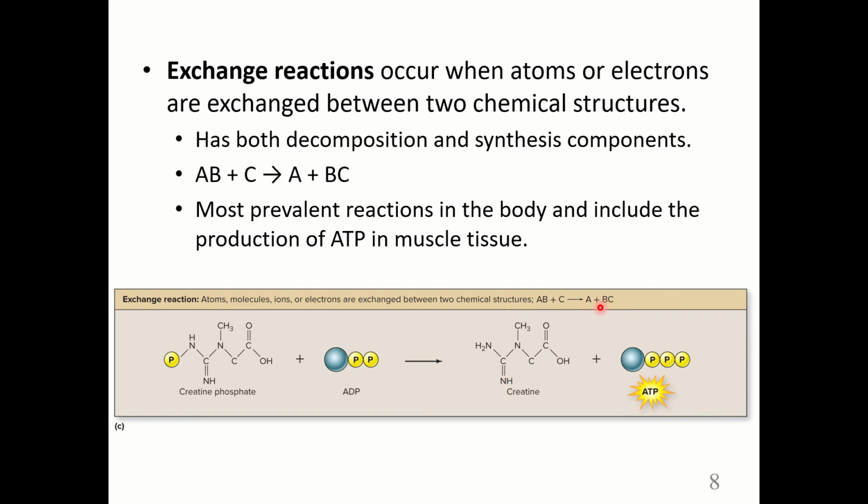It is now A, and adenosine diphosphate has gained that phosphate and is now adenosine triphosphate, ATP, illustrated by BC.